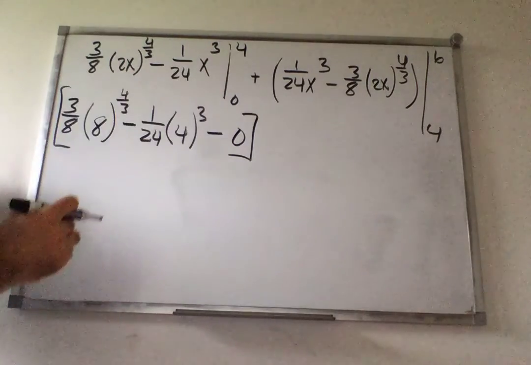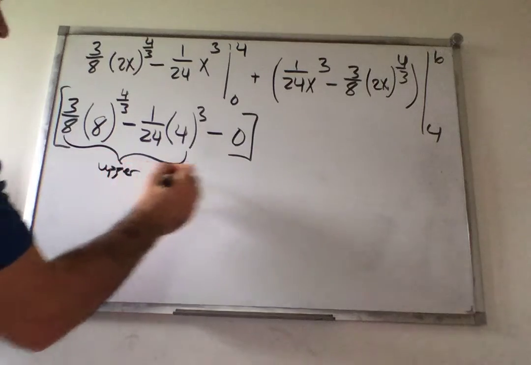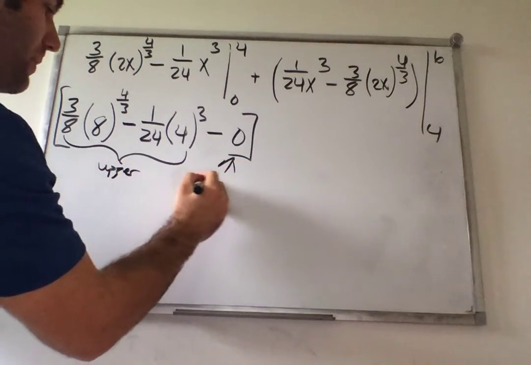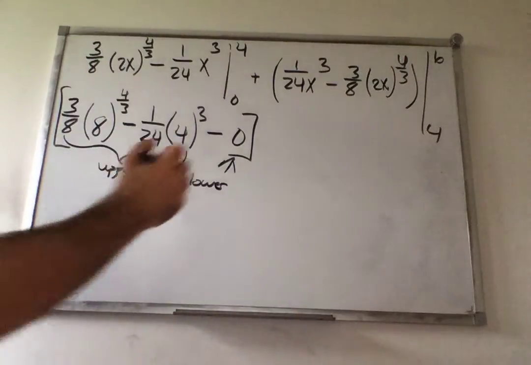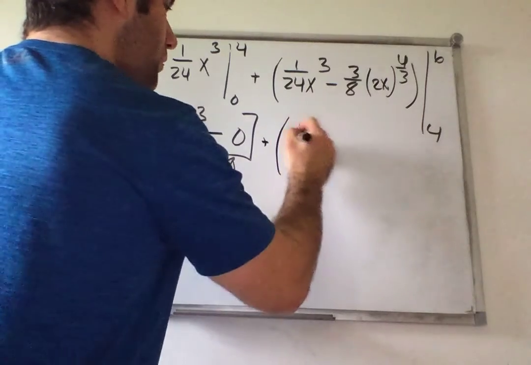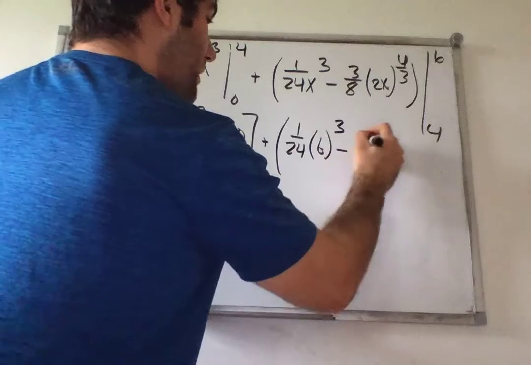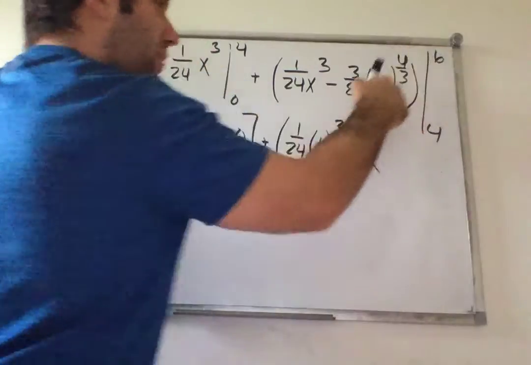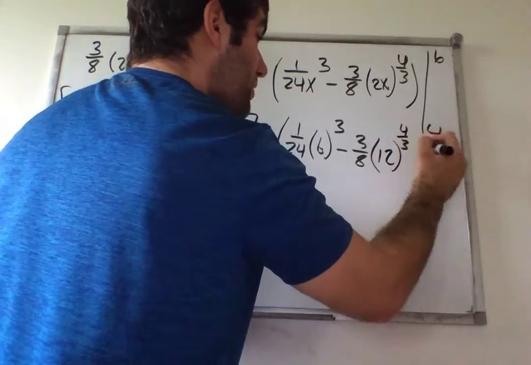That was that first integral. Here's the upper. Right there is the lower bound. So upper minus lower. Plus 1/24, the upper, which is 6 cubed, minus 3/8. If I plug 6 into here, 2 times 6 is 12 to the 4/3 power.